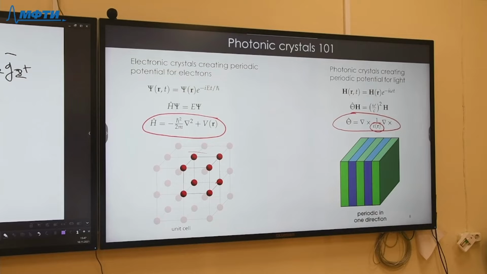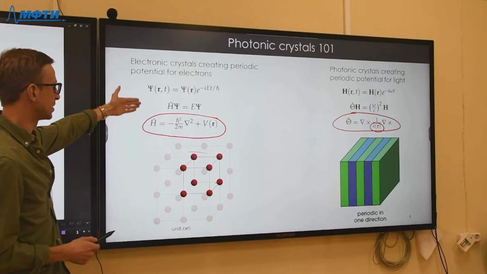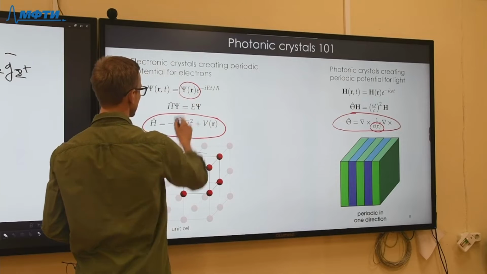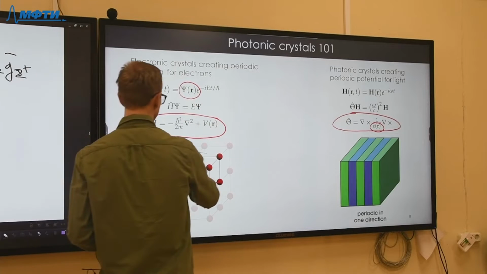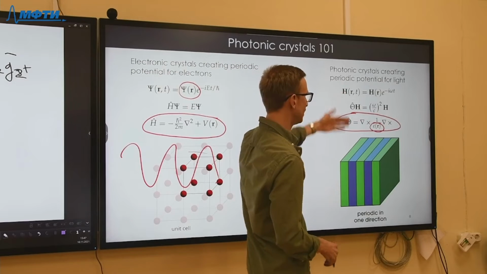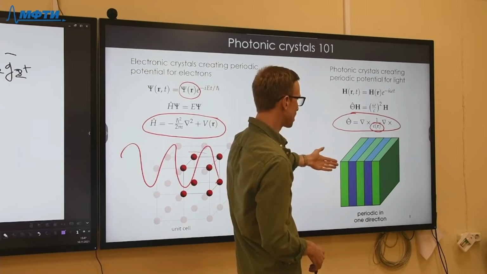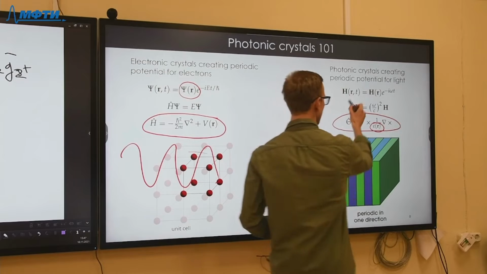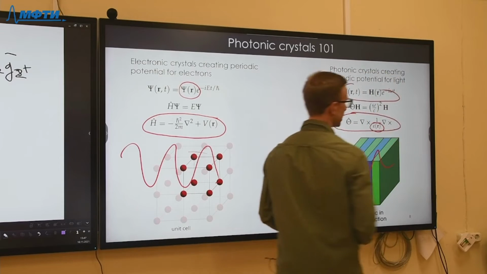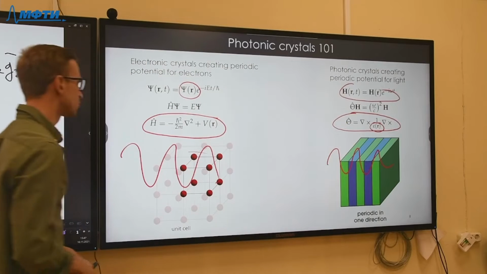And when that permittivity becomes periodic, our potential also becomes periodic. And then, just like in the case of electronic systems, where the wave function of an electron in a crystal becomes a Bloch wave, the electromagnetic field traveling through a periodic system also becomes a Bloch wave, very similar to an electron in a crystal.